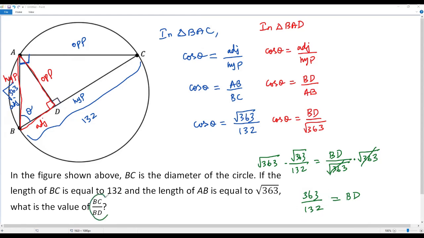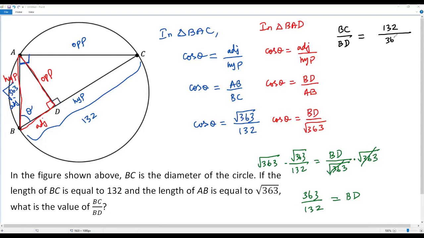Okay, our aim is to get the value of BC over BD. Now let me find the value of this fraction, BC over BD. It is equal to, for BC, we can plug in the given value, that is 132. And for BD, just now we got the value, that is 363 over 132.